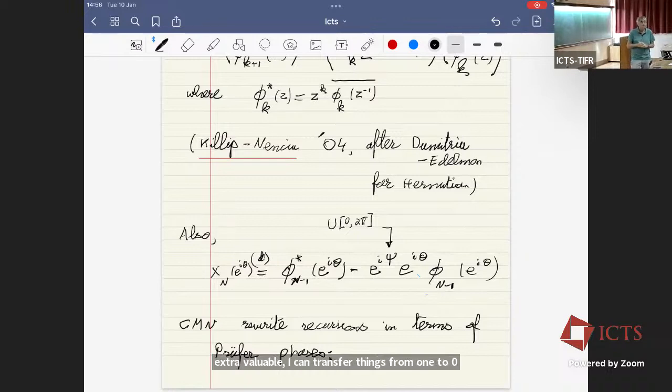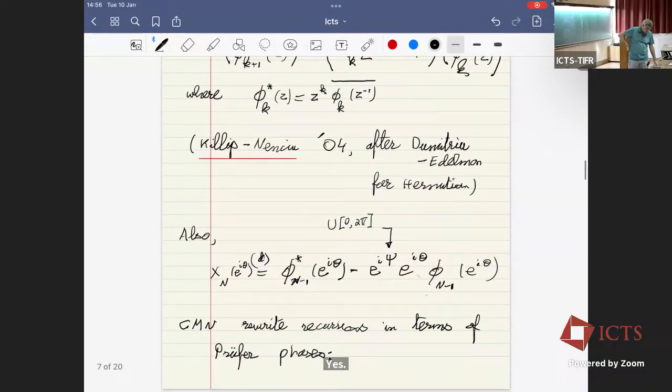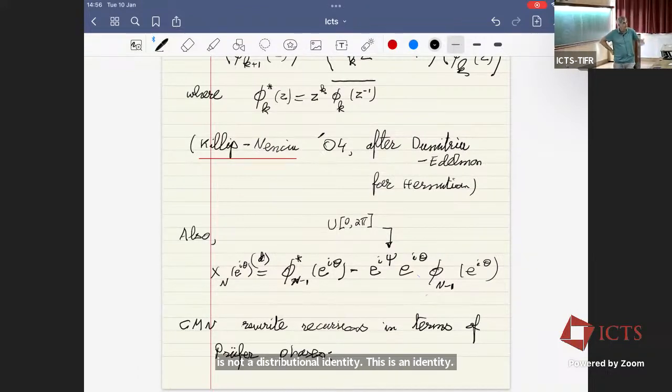Yes? This is not a distributional identity. This is an identity. So what do I mean by identity? Yes, the reason there's a D is because of the way that I wrote the recursions.